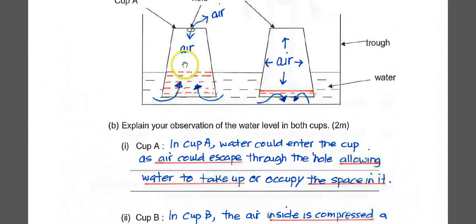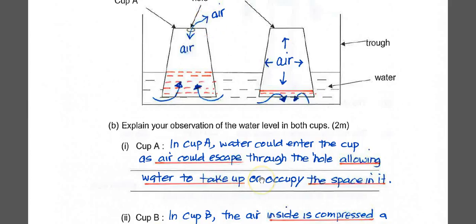So the air escaped, the water comes in, through the hole, allowing the water to occupy some of the space of the air. At first, air was inside the whole cup. When you lower this down, water comes in because air went out.